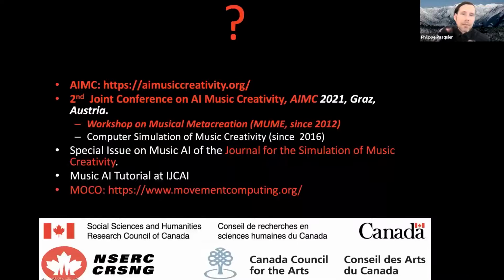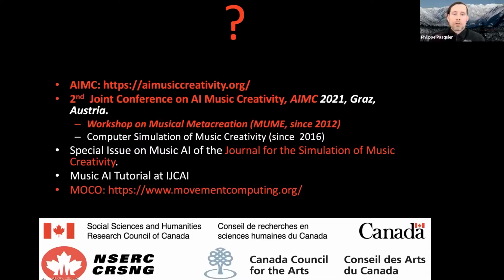In terms of announcements, the second joint conference on AI music creativity will happen in Grasse later this summer, for those who are interested in AI music. There's also a special issue of the Journal for the Simulation of Musical Creativity that is out as well. I'll be giving a music AI tutorial at IJCAI, as I often do, for those who are interested in a more traditional AI conference, the International Joint Conference on AI.